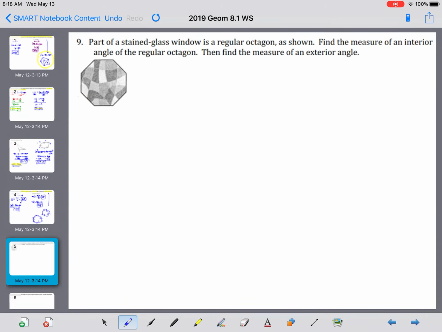Moving on. Part of a stained glass window is a regular octagon, so n equals 8. Find the measure of an exterior angle of the regular polygon, then find the measure of an interior angle. Well, this is just like our last one, n equals 8. So the exterior is going to be 360 divided by 8.